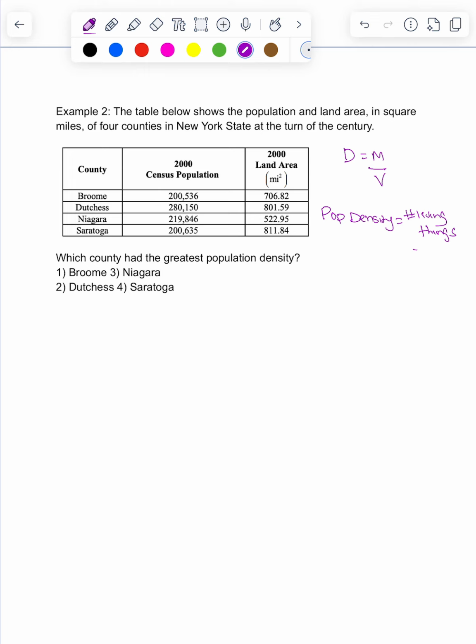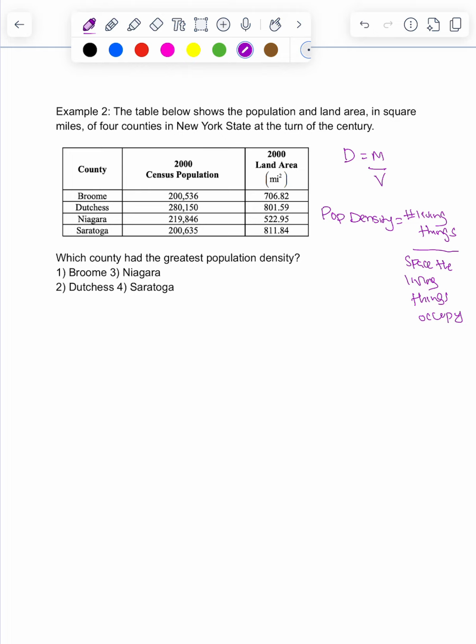That was our mass. Divided by our volume, we can think of as the space the living things occupy. So, for example, in our previous example, the space that the fish occupied was the tank that they could be in. So, the gallons of water that could fit in the tank was our volume. So, just something to keep in mind.